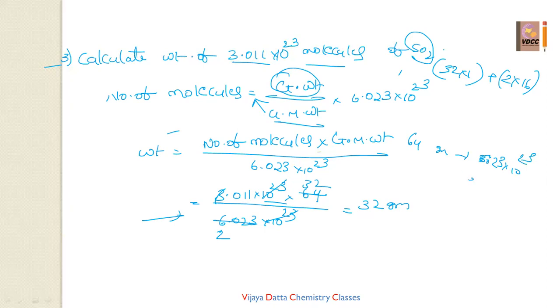Then for 3.011 into 10 to the power of 23, how many grams? 6.023 is halved, so 64 is also halved, that is 32 grams. So like this we can do problems based on molecular weight and moles, molecules, number of atoms and number of gram atoms.